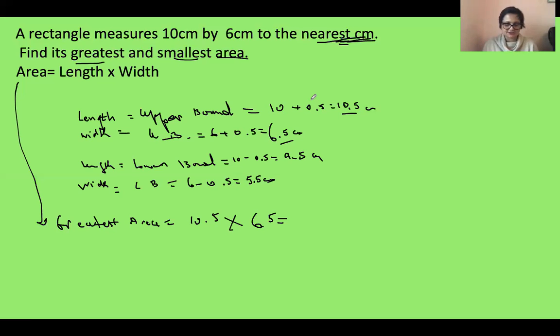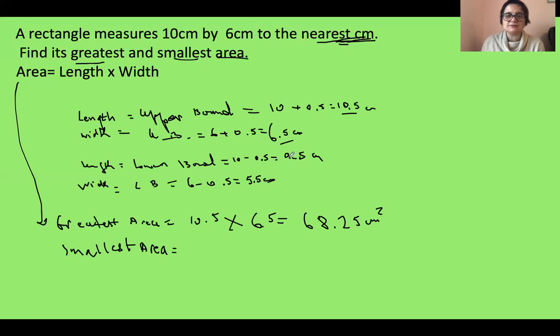Multiply both of them together using a calculator. The answer is 10.5 multiplied by 6.5, which is 68.25 centimeters squared. So this is the greatest area. And the smallest area, of course, you are going to multiply the lower bound for both of them.